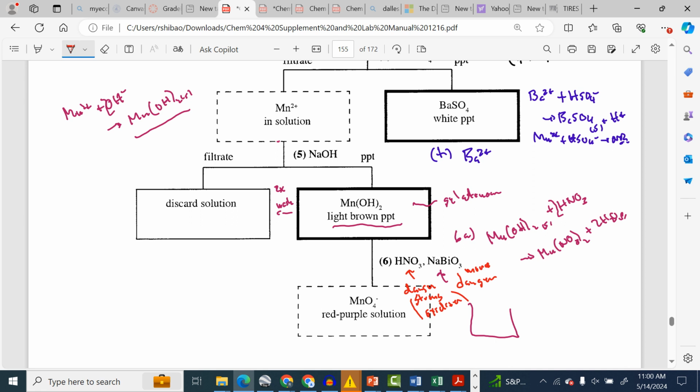It's also a strong oxidizer. Sodium bismutate. This is called sodium bismutate. Sodium bismutate is an even more powerful oxidizer. The reason it's more dangerous is it's a fine powder.